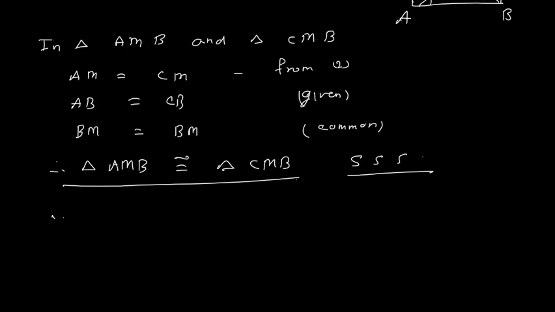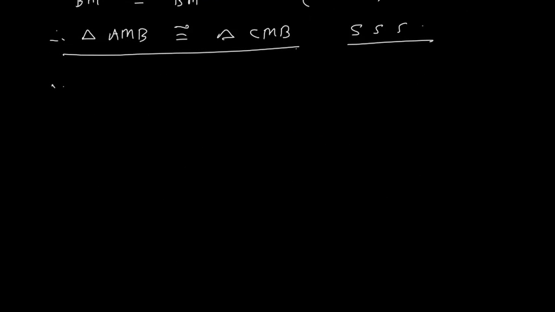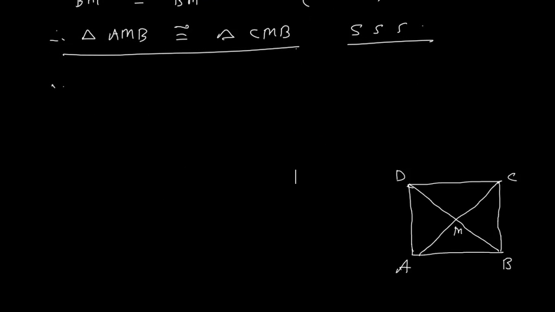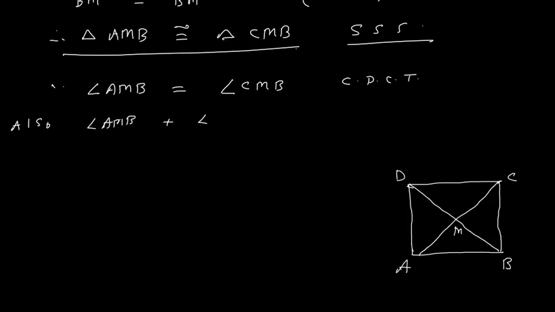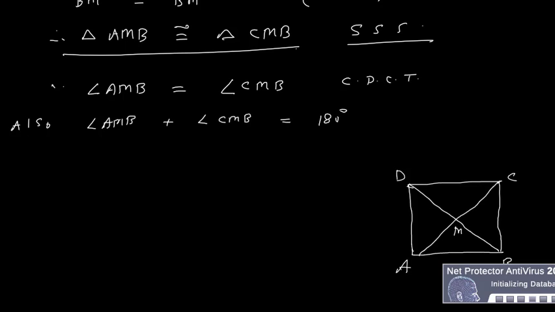Therefore, their corresponding angles are equal, that is, angle AMB is equal to angle CMB. This is the corresponding part of congruent triangles. Also, angle AMB plus angle CMB is equal to 180 degrees.